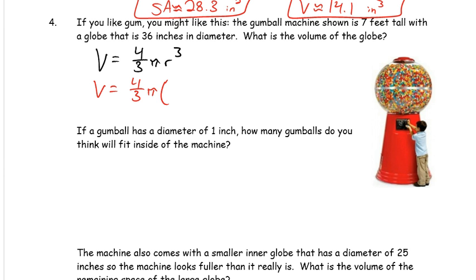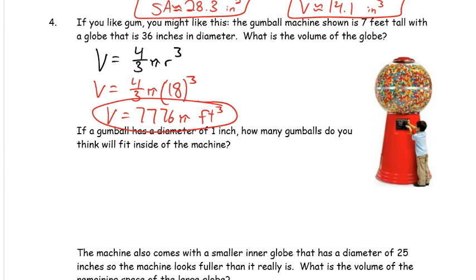The radius is 18 since the diameter is 36. So 18 to the third power times 4/3. Ooh, we actually get a nice number. Volume equals 7,776 pi, and that's feet cubed.